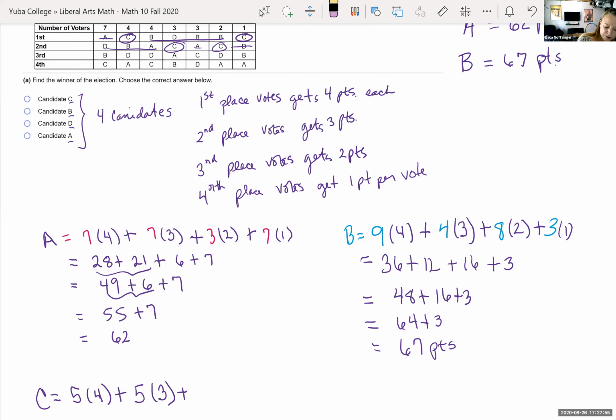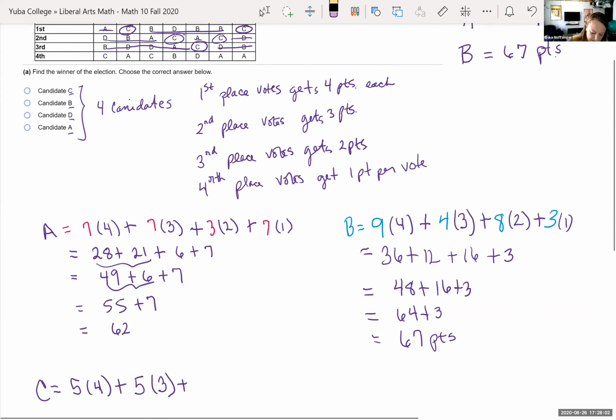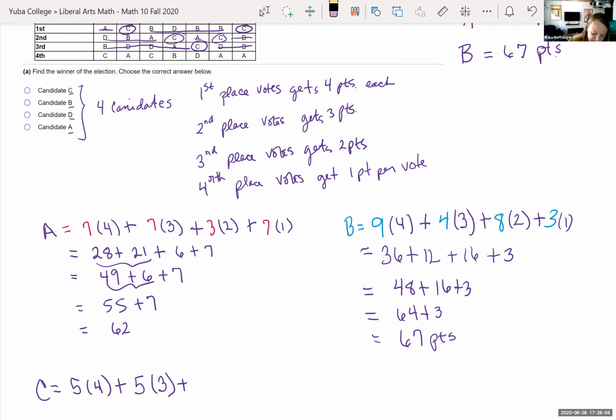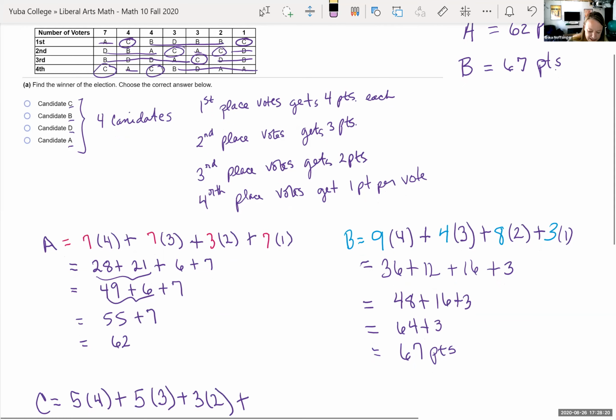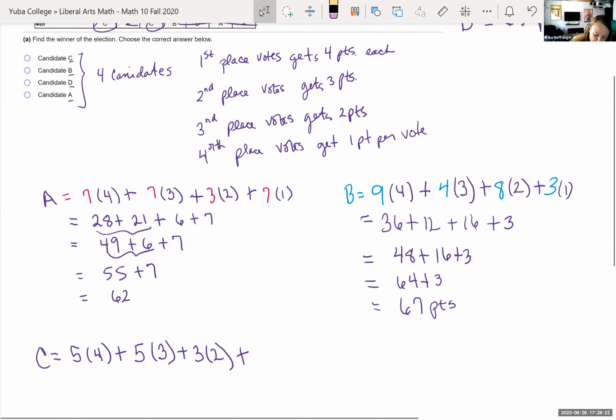The third place candidate, they have just 3 votes, but that's worth 2 points each. And then their fourth place candidate, well, 7 voted him fourth place here, plus 4 voted him fourth place here. That's 11 people voting him in fourth place, and that's only worth 1 point.